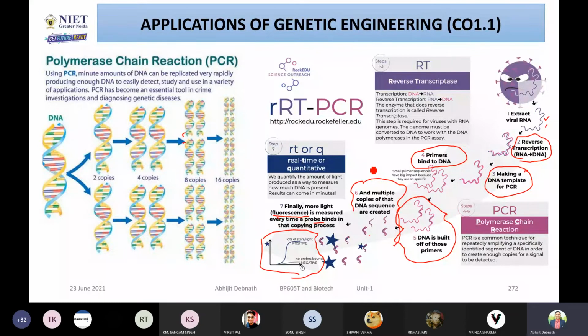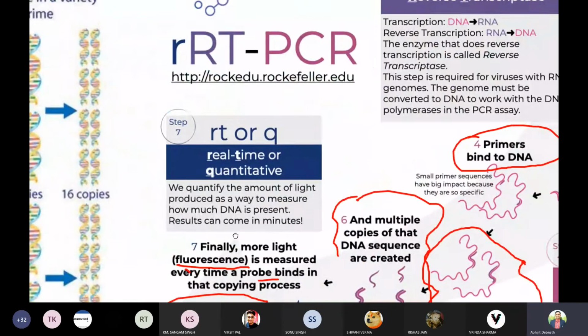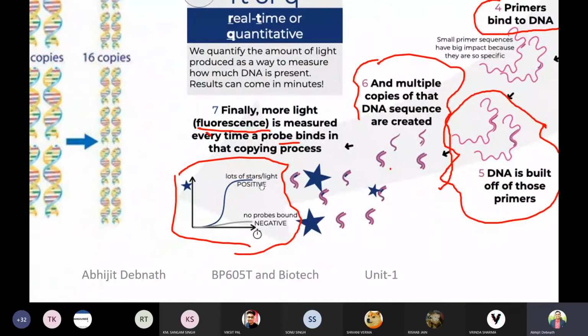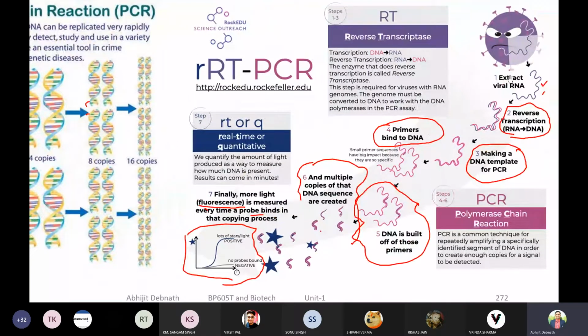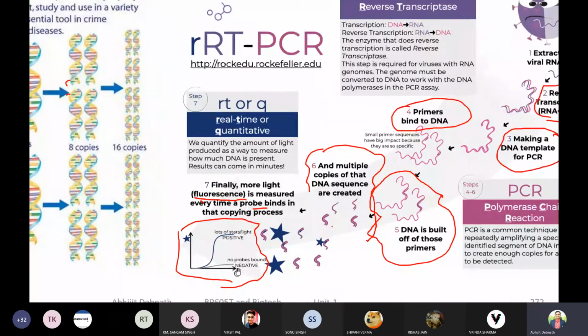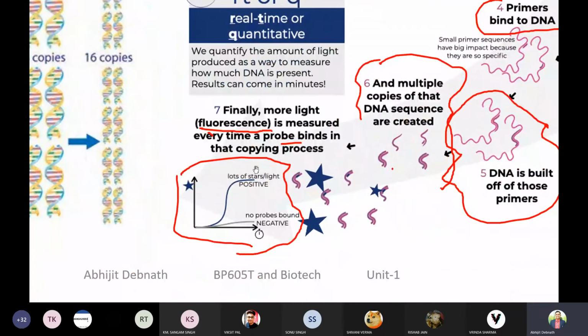So in that scenario there will be no peak, because whatever the probe and the primer that were added here are made for that particular virus RNA. Okay? Now there is no virus RNA, so there will be no such line. No probe found. It will be negative.